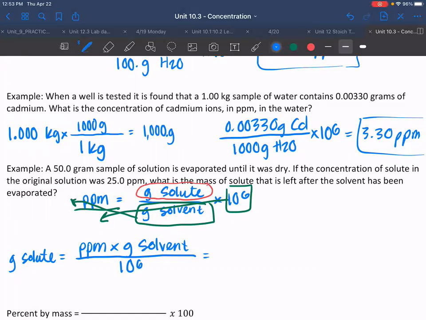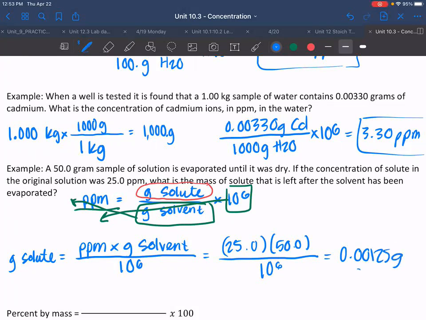So plugging in our numbers, we get 25.0 multiplied by 50, divided by 10 to the 6. That must have meant that there was 0.00125 grams of solute dissolved.